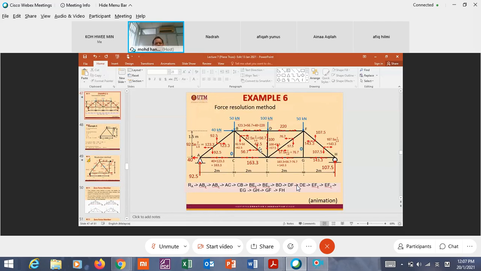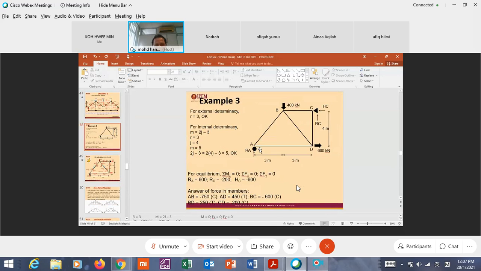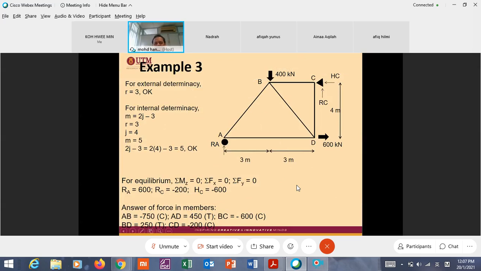The problem is a truss applied with 400 kilonewton at point B and point D, and this truss is supported at point C and point A here. Point A is a roller support, point C is a pin support. Now we are going to analyze this truss, the member forces, not the deflection.